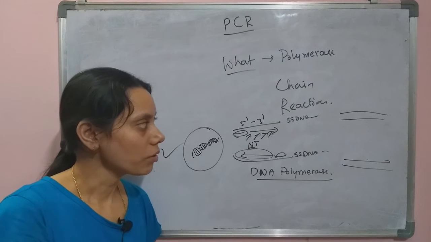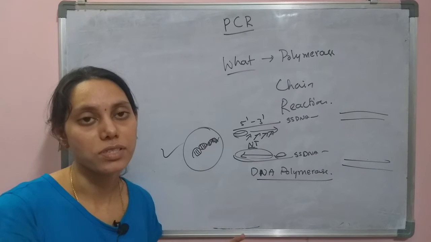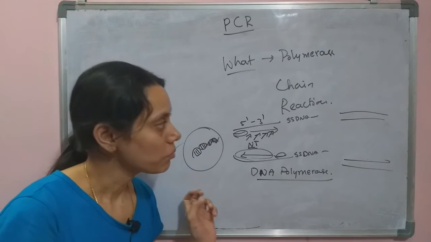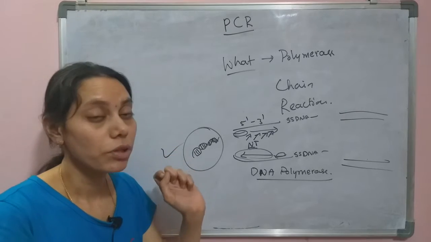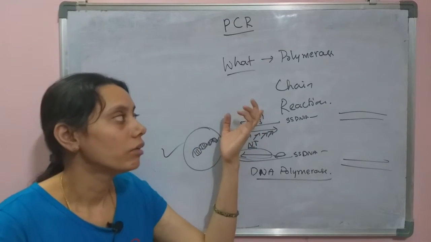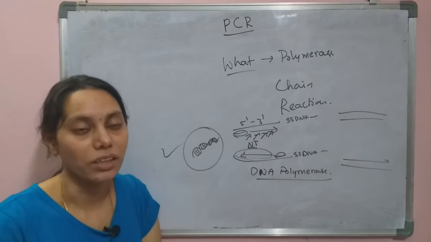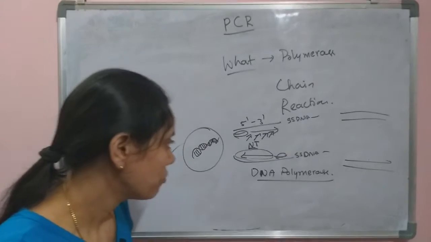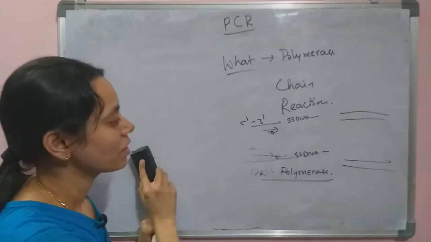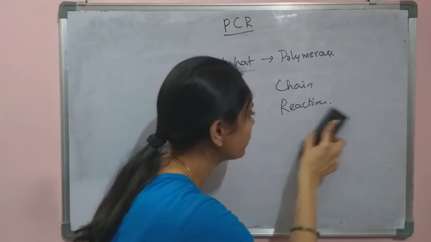It is a natural and regular process in the cells. But if we want to go for such a duplication process in the laboratory, we need to go for PCR reaction or polymerase chain reaction. It is the artificial process that mimics the natural process of DNA replication.